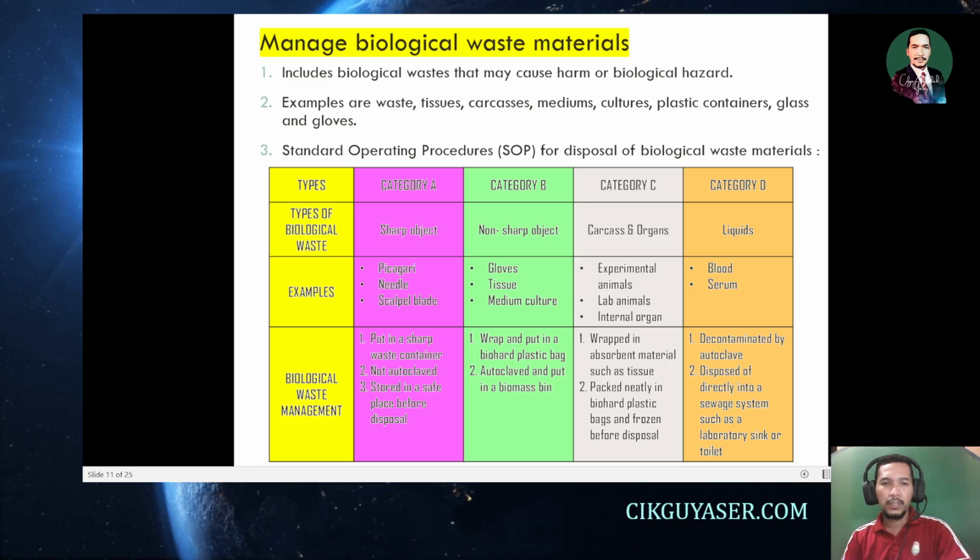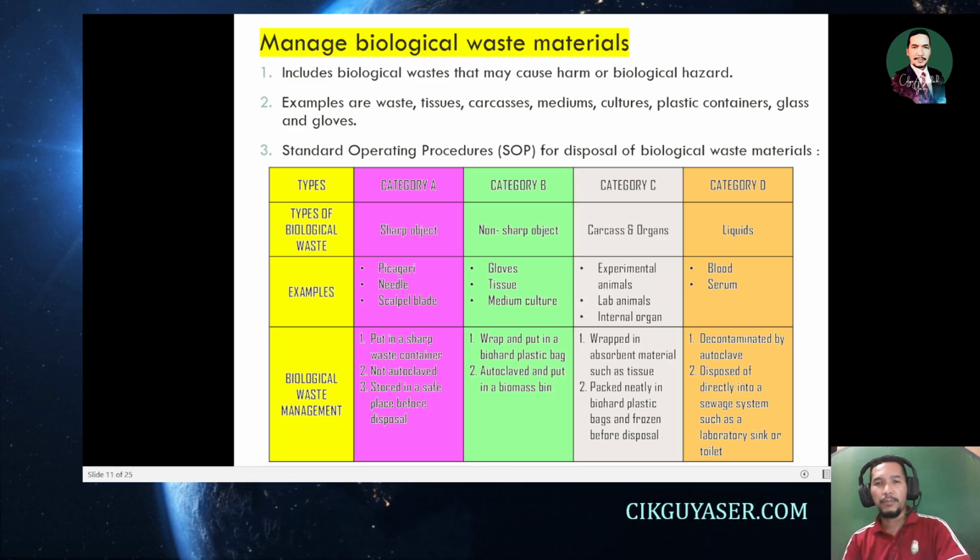This one we do not need to use autoclave, and store in a safe place before disposal. For category B, step number one is wrap and put in the biohazard plastic bag, and step number two is autoclave and put in biomass bin.